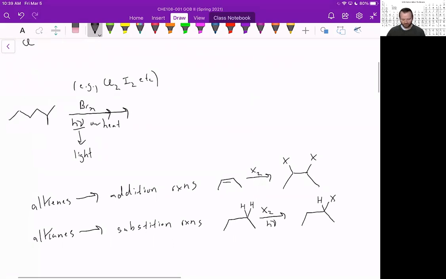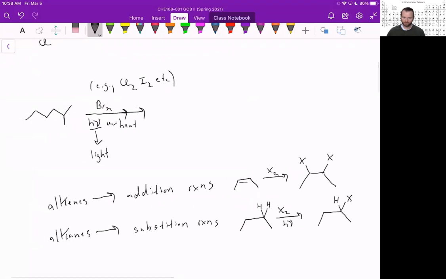And the major product obeys a rule similar to Markovnikov's rule, but just stated, for these types of reactions, the major product is a substitution at the highest substituted carbon atom.